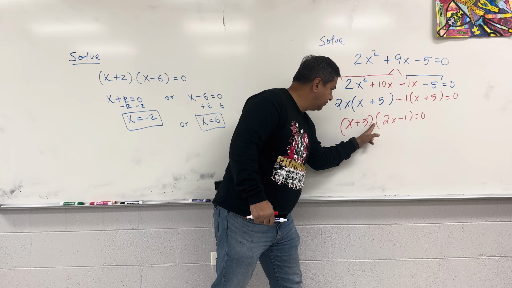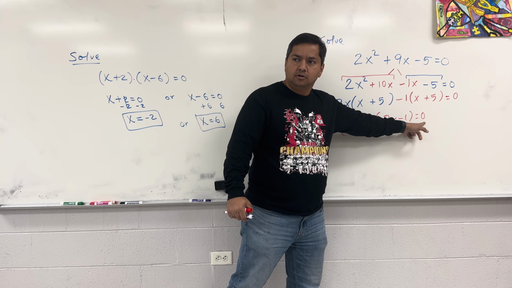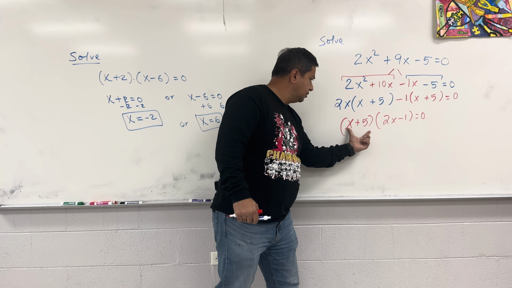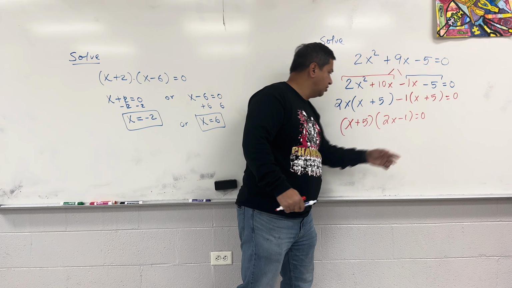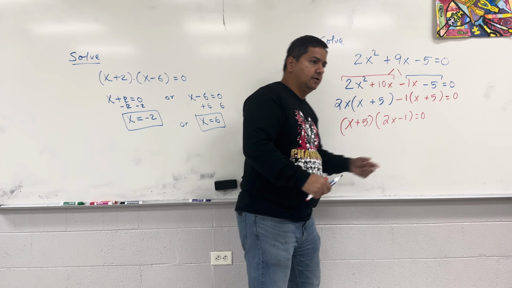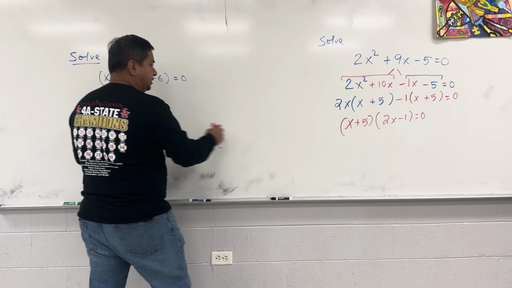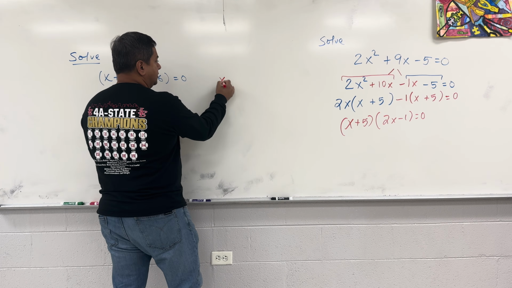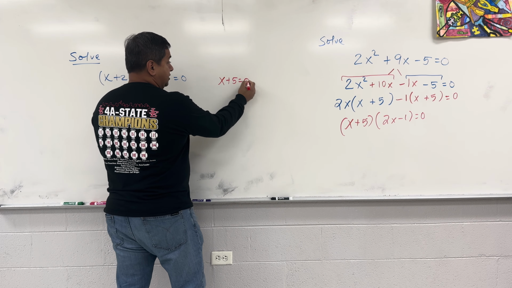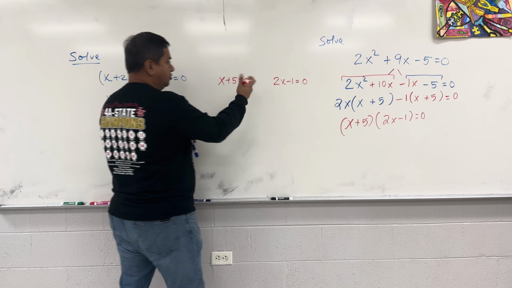I have two different things multiplying, but giving me what as an output? 0. For these to multiply and give me a 0, either this has to be a 0 or that has to be a 0, right? So basically, what we do here is we take our factors and set them to 0. So we're going to take both of our factors, set them to 0 each.